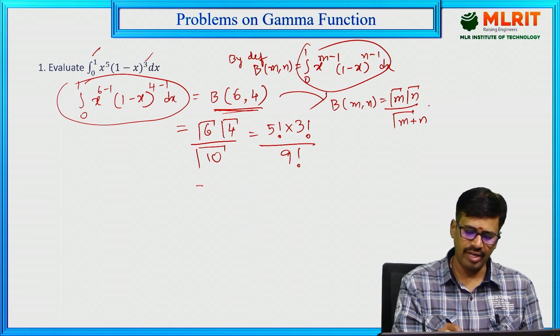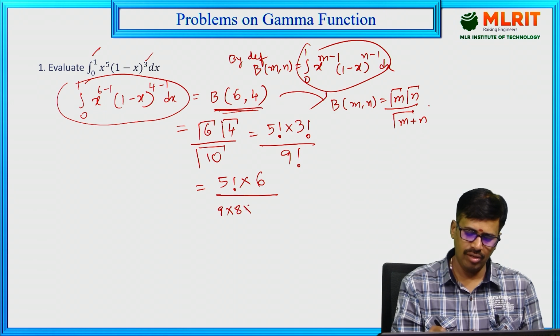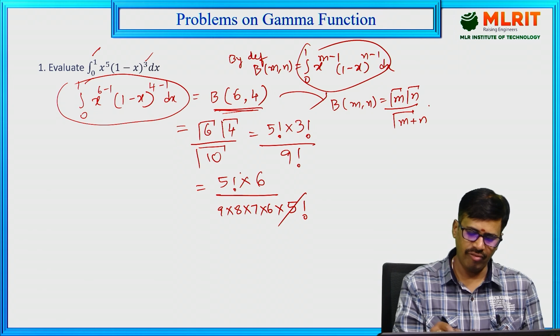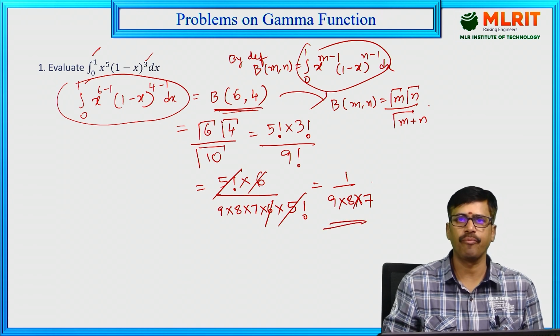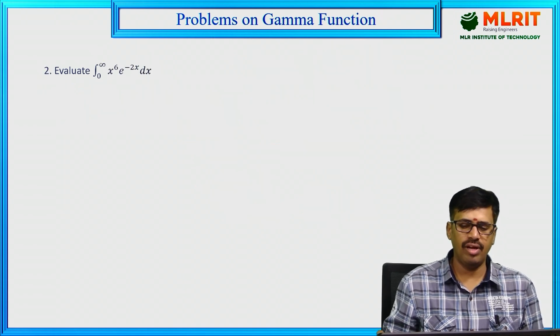So 5 factorial into 3 factorial, which is 6, by 9 into 8 into 7 into 6 into 5 factorial. The 5 factorial cancels, the 6 cancels, and we get 1 by 9 into 8 into 7. This is the answer. Let us evaluate one more problem.